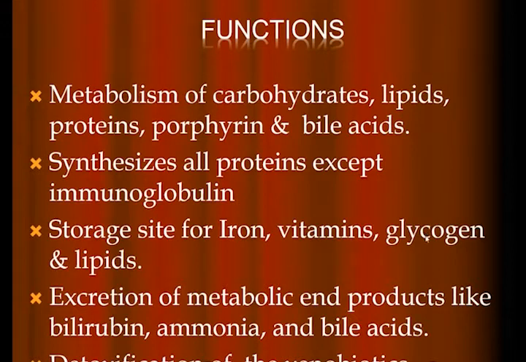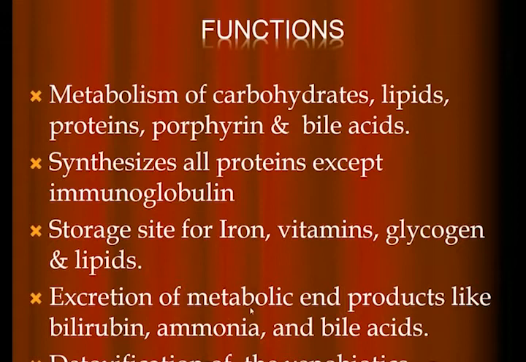So in carbohydrate metabolism, they would have told this glucose is being stored as glycogen in the body. So the glycogen is stored in the liver and muscles. So glycogen, vitamins and iron also are stored in the liver.